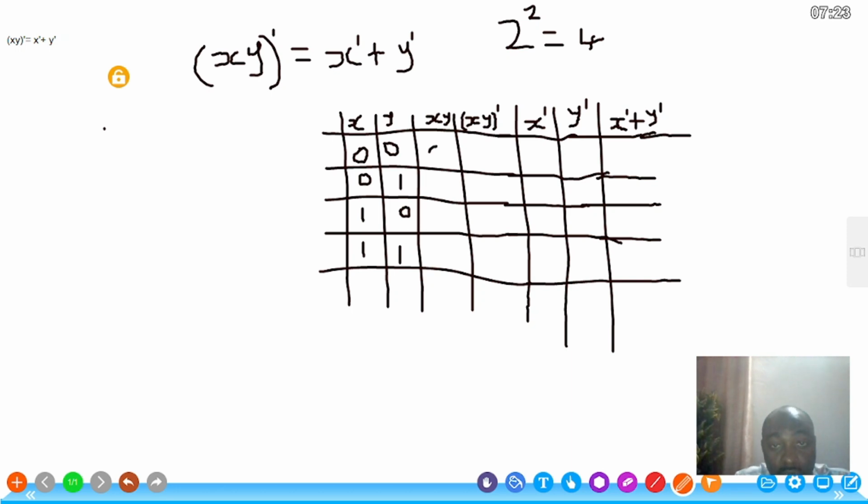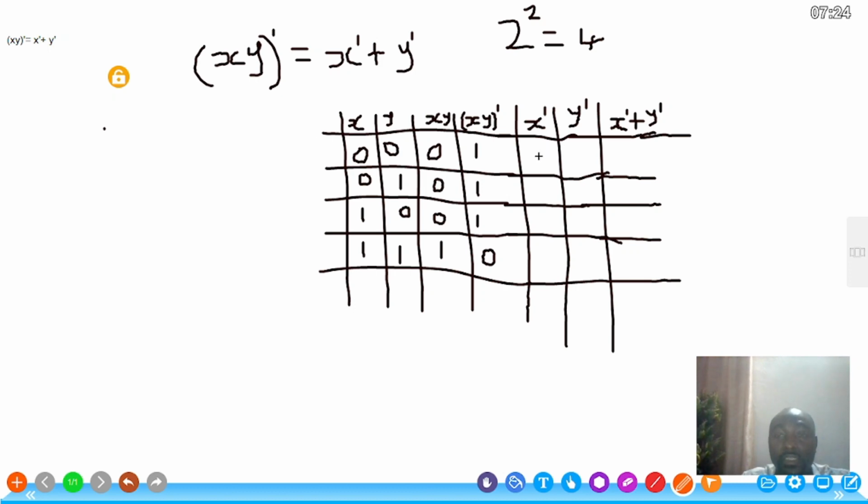So in the xy column, this will be 0, this is going to be 0, this is going to be 0, and then we have all 1 in the last row, so this is going to be 1. So for xy all prime, we are going to invert this, and you invert the 1, you have 0. This is what we have on the left hand side, xy all prime.